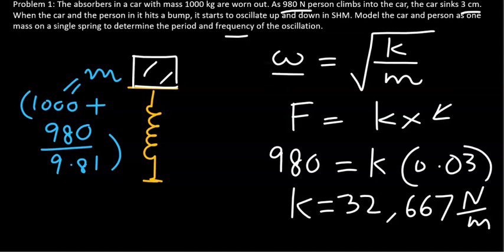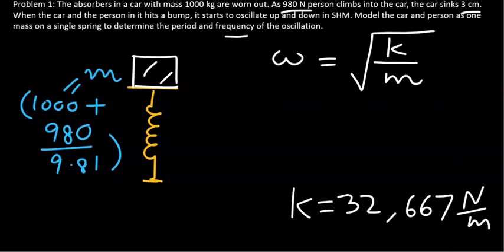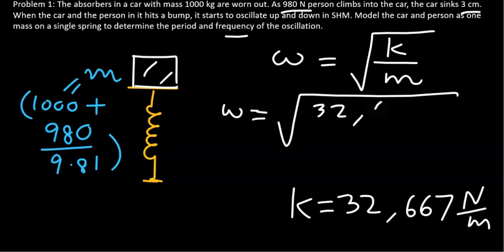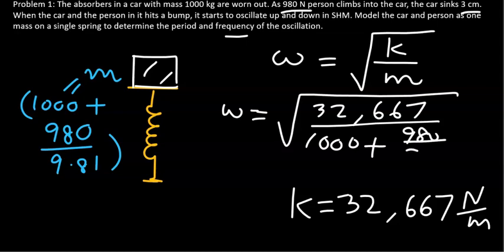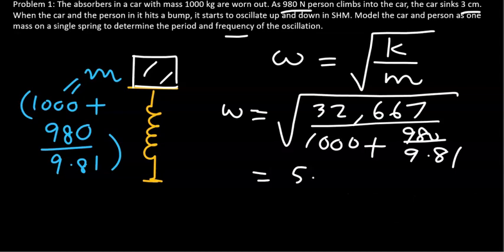Now we can determine the frequency of oscillation of the entire system. When I say the entire system, we have to take into account the mass of the car and the mass of the person. Substituting these numbers, you get the following for the angular frequency. Your k is 32,667, mass is 1000 plus 980 divided by 9.81, and that will give you 5.45 radian per second.